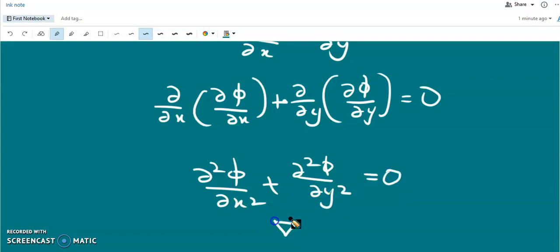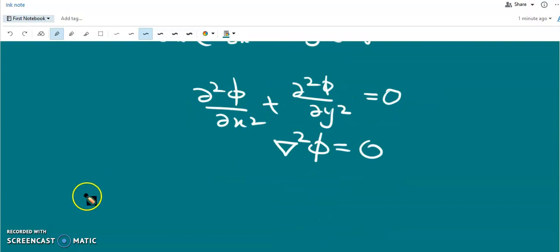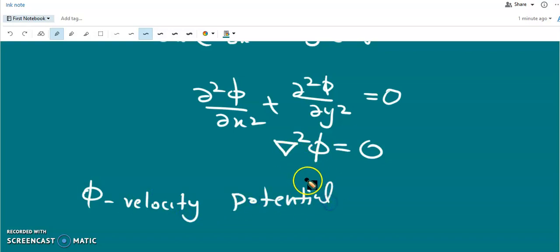So that is del square phi, the two-dimensional Laplacian, is 0. So this shows that phi, the velocity potential, is harmonic in nature. So whenever a two-dimensional Laplace equation is satisfied, then the corresponding function is harmonic.